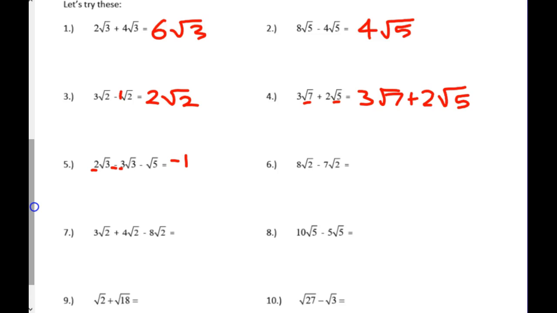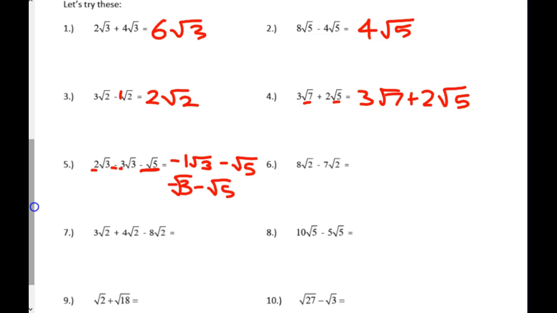Negative 1 square root of what? 3. And this leftover stuff, you just write next to it. Minus square root of 5. Another way you could see it written is negative square root of 3 minus square root of 5. Whether you write the 1 or not.